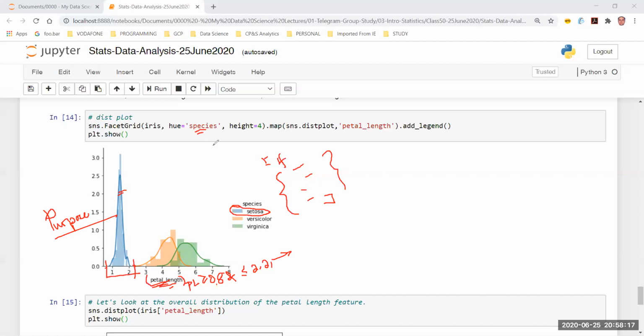Or is there any way to identify species based on the features that I have? I have 4 features. I have to draw 3 more diagrams as well. I can't comment on this looking at one diagram. Oh, by the way, I can do only one chart and I can end the discussion. That's not going to happen. I'm really sorry to tell you, you have to analyze each and every variable. Each and every variable, right?